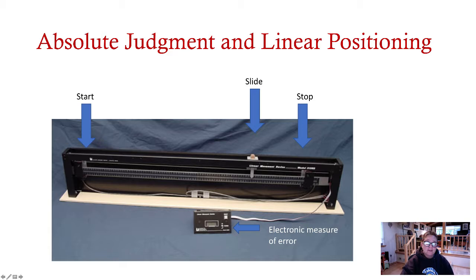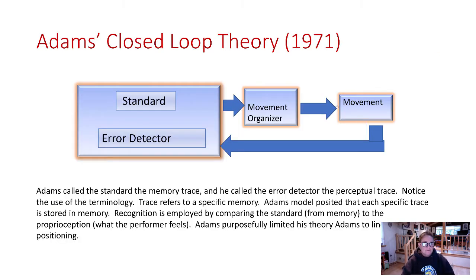And then the subject is asked to recall the position. Let's say that the position is 2 centimeters or 2 inches short of the target. That would be the measure of error that's given on a linear positioning apparatus.